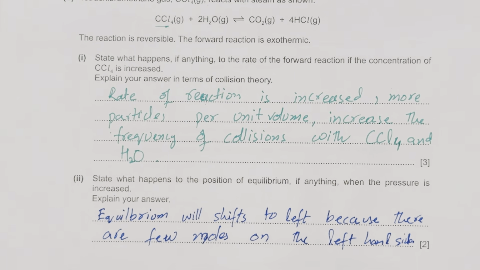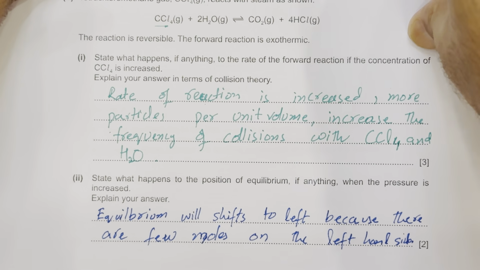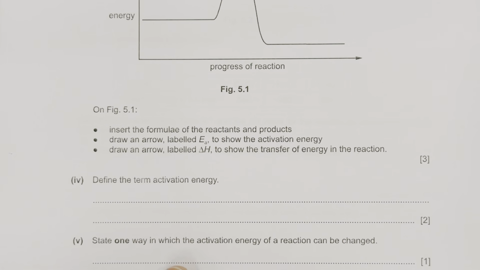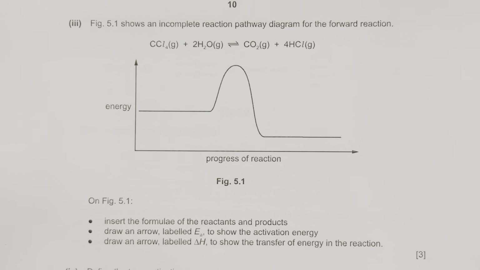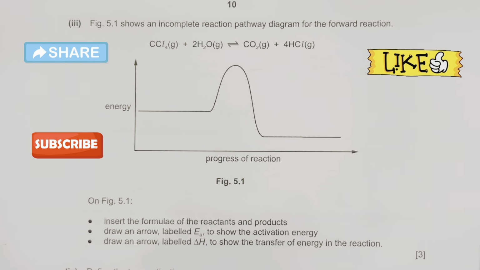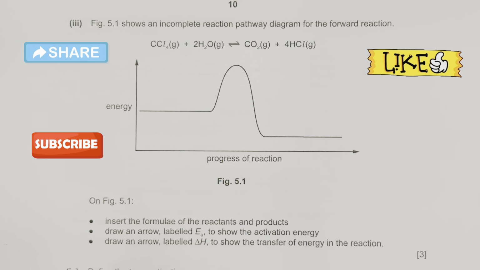Now moving to the next part of this question. Figure 5.1 shows the incomplete reaction pathway diagram for the forward reaction, CCl4 + 2H2O gives CO2 + 4HCl.